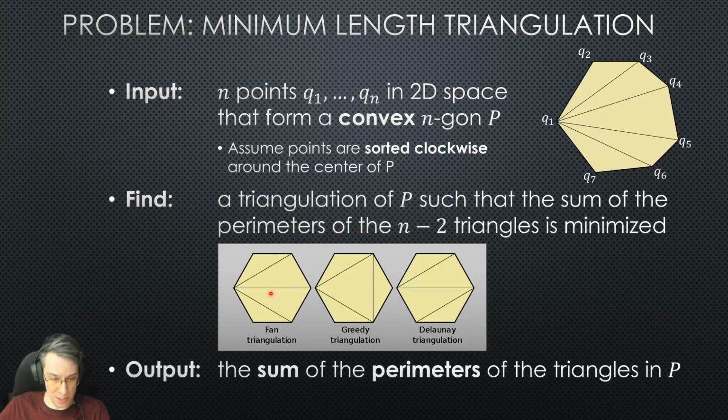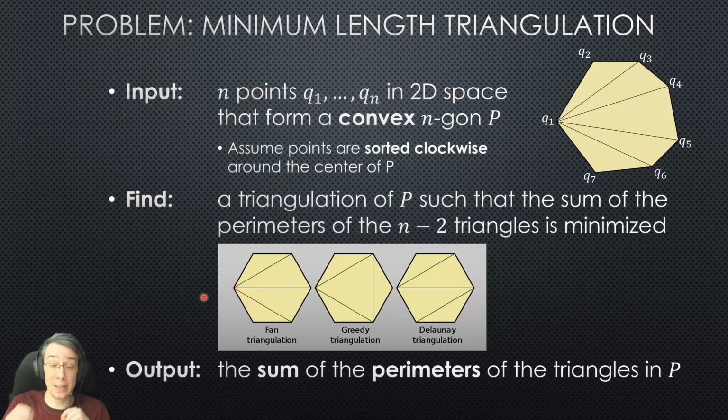So first of all, what's the perimeter of a triangle, right? It's just the sum of the lengths of the sides. So for this top left triangle, we're going to sum this side, and this side. Then for this triangle, we're going to sum this side, and this side. Yes, this side is double counted. That's fine. For this triangle, we're going to sum this side, and this side, and this side. And for this triangle, we're going to sum this side, and this side, and this side.